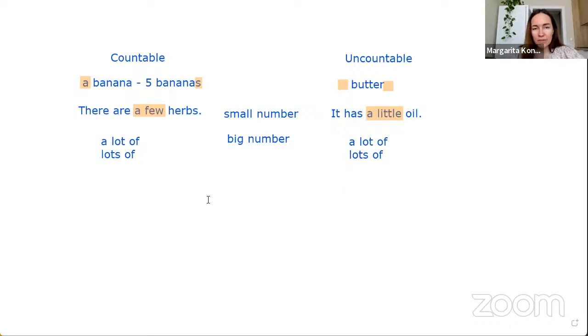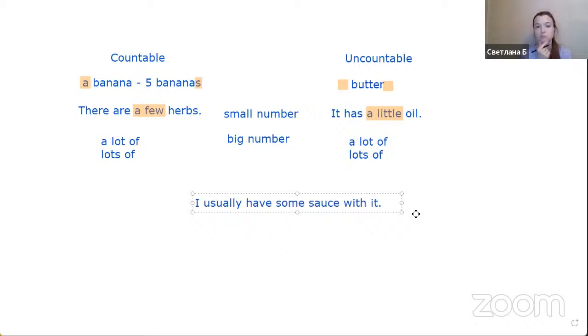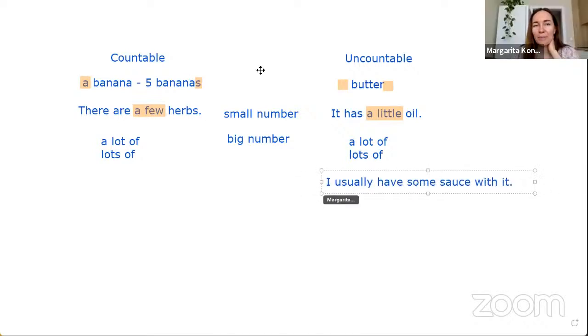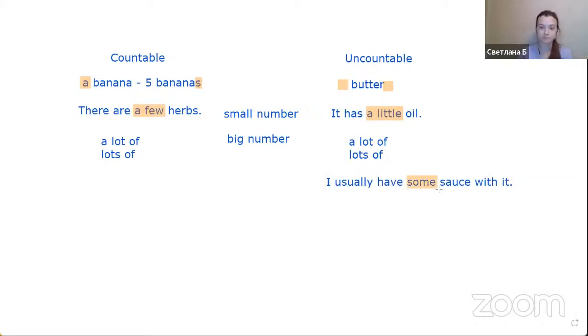Okay, I have another sentence. I usually have some sauce with it. So what can you say? Is it countable or uncountable? Uncountable. So that means the word some we use with uncountable.